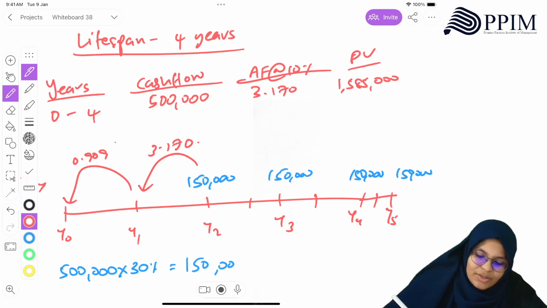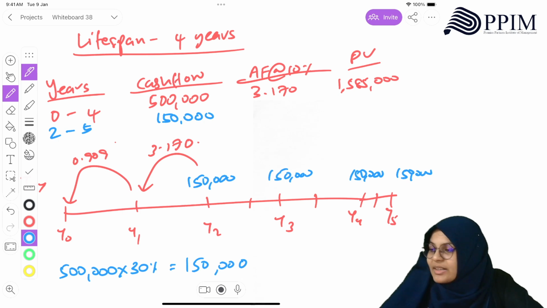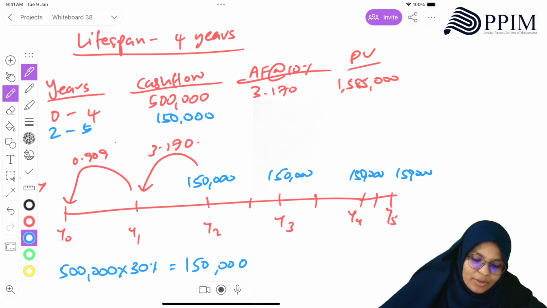Okay, right. So then what we can do is this 150,000, it's going to happen from year 2 to year 5. Okay, we will discount it by 3.170 into 0.909.